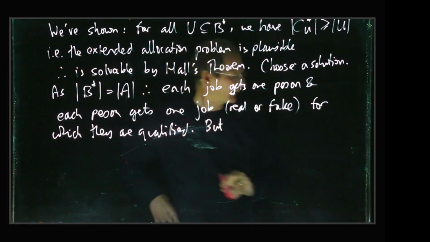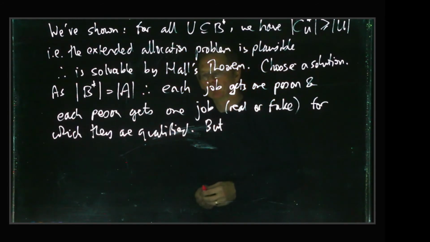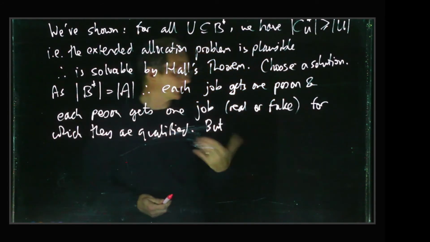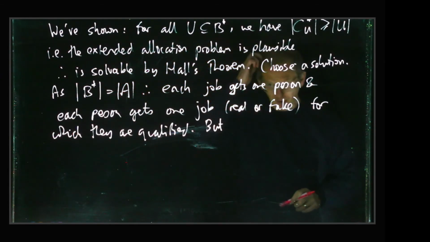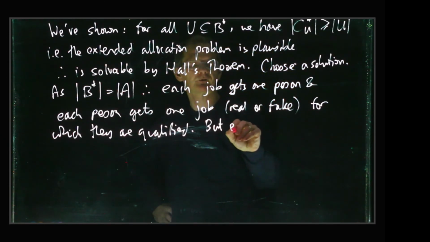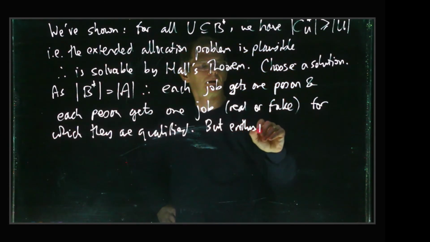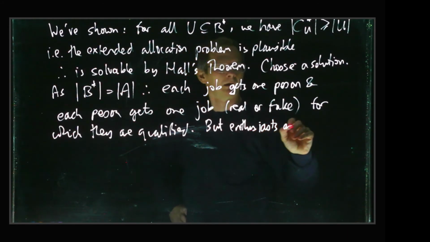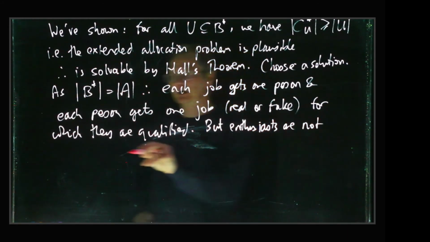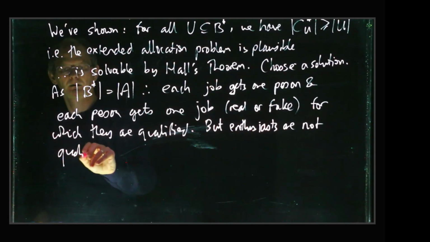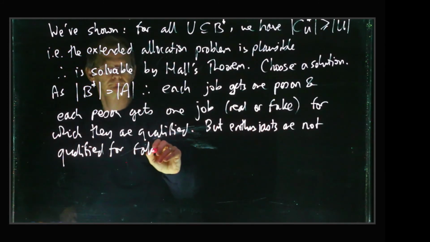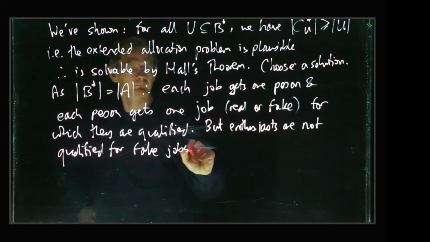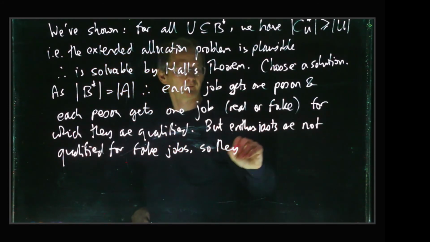But remember how we set up the qualification rules for the fake jobs. We said that all unenthusiastic people are qualified for all fake jobs, but no enthusiastic people are qualified for any fake jobs. So enthusiasts are not qualified for fake jobs. So they must get real ones.